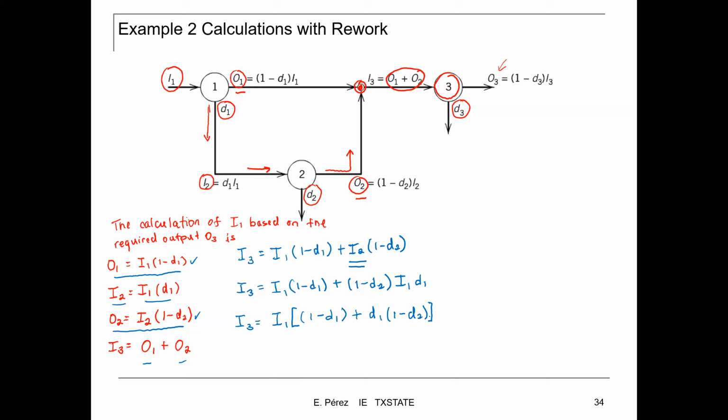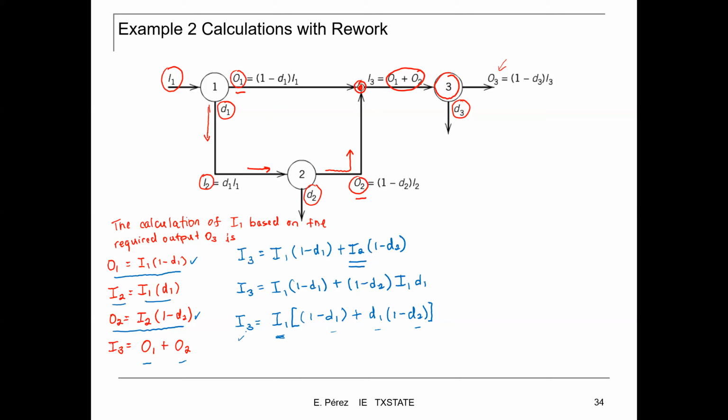So right now, this is my unknown. I know this parameter, I know this parameter, and I know this parameter. Those defective rates are going to be given. So the only unknown, I want to solve for I1. That's my goal. I want to find the value of I1. But the only unknown right now will be that I3. I don't know what that value is.